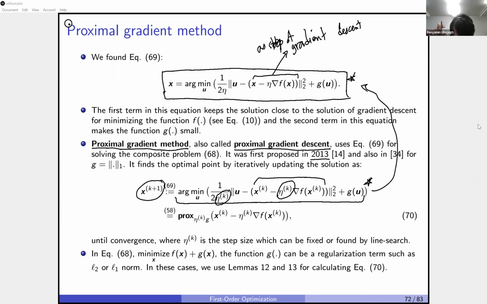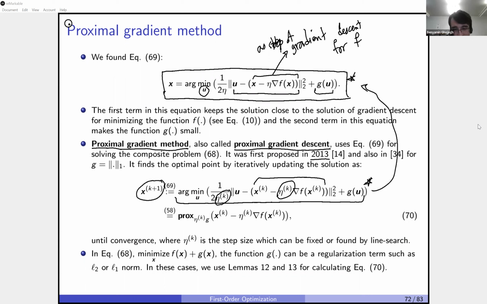So this is saying: find a u, argument u, which is close to the solution of the gradient descent for function f. So this is gradient descent for function f, because we are minimizing f plus g. So let's find a solution which is close to the solution of gradient descent for function f. At the same time, let u minimize g.